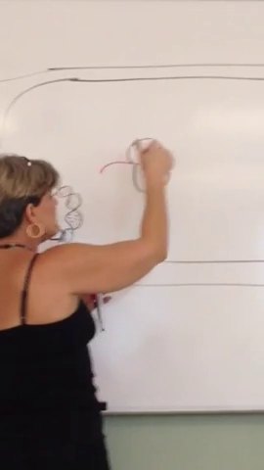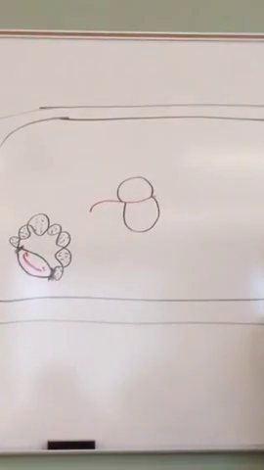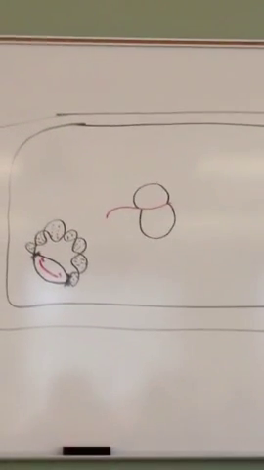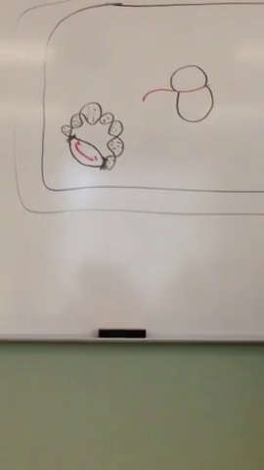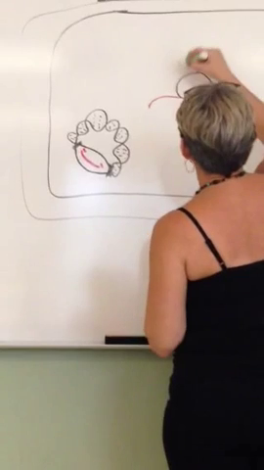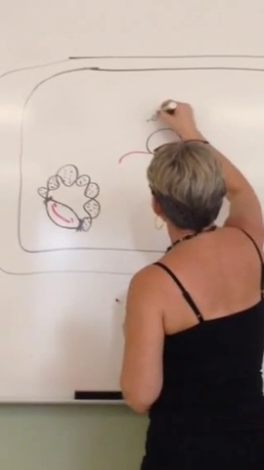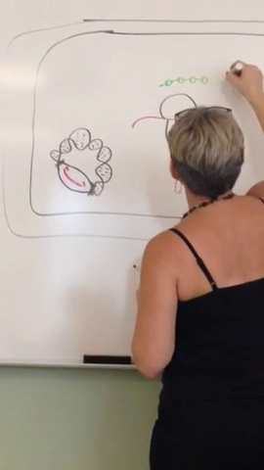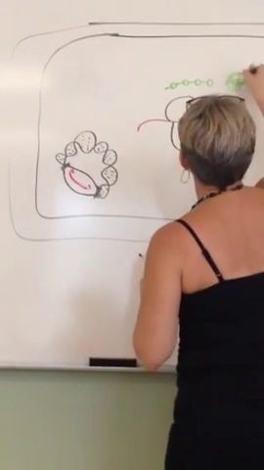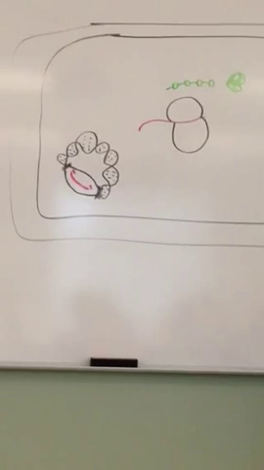And as it's translated on a ribosome, you end up getting a chain of amino acids, right? As your mRNA is read, you get a chain of amino acids, and it twists and bends and folds into a functional protein, okay?